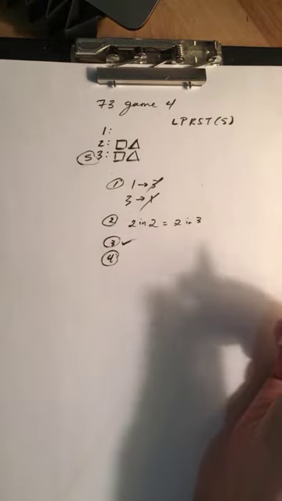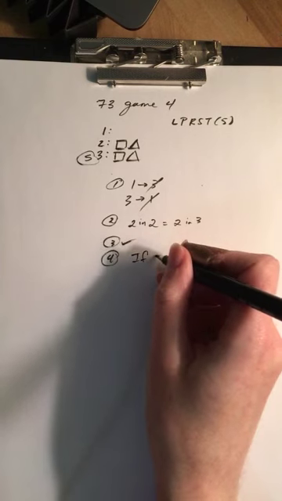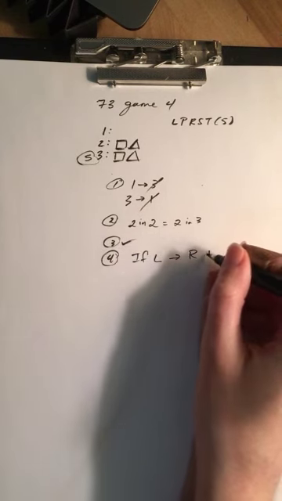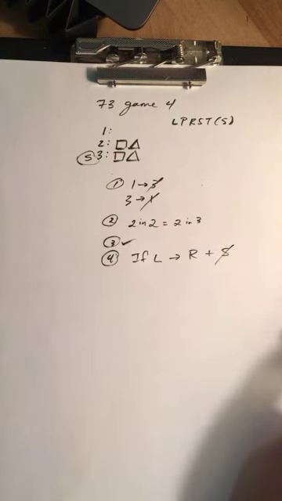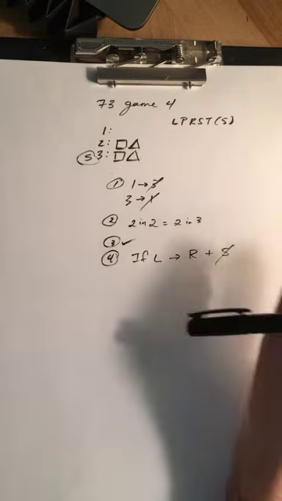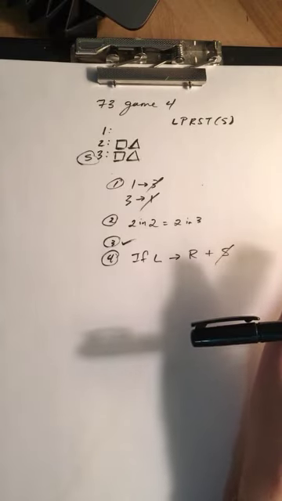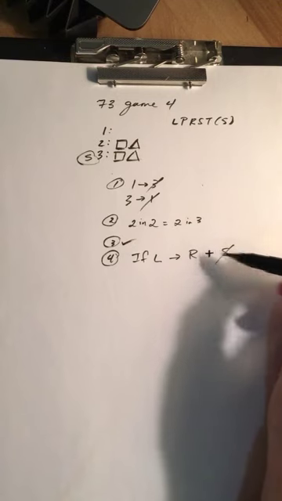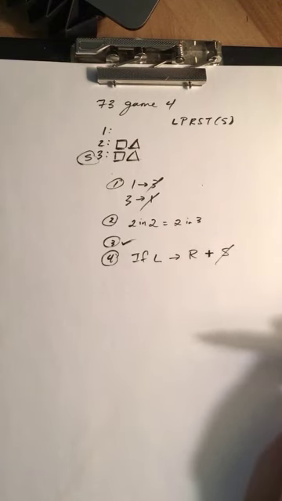Rule 4: if a bouquet has lilies, so if L, then it must also have roses, but it can't have snapdragons. But and "and" are logically equivalent to one another. So in our conditional statement, that's just going to be an and.